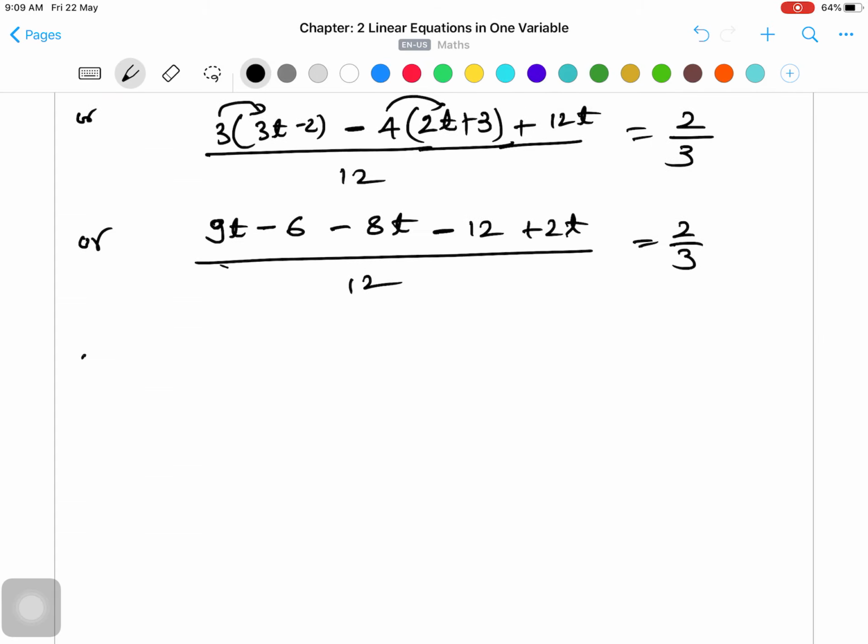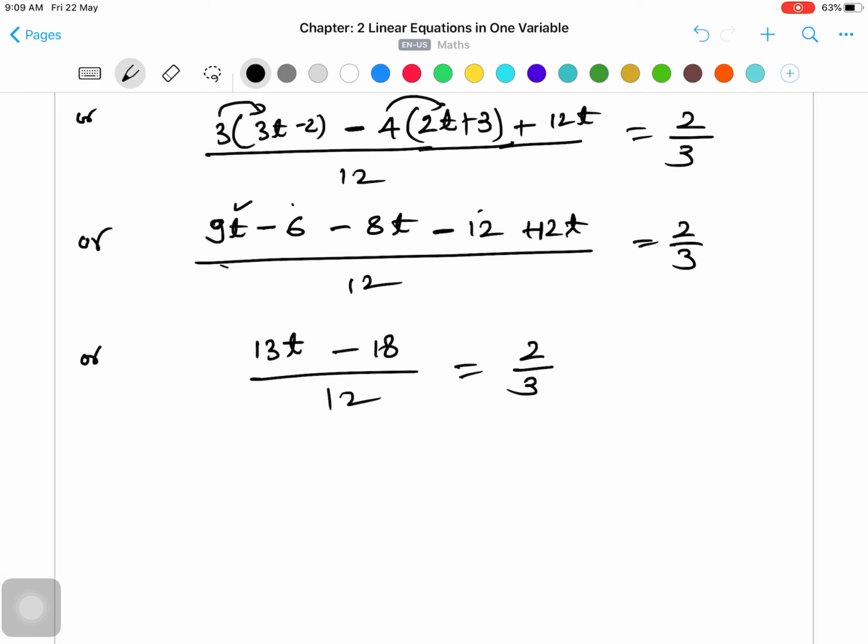Then 9 and plus 12t will be 21t. 21t minus 8t is 13t. Minus 12 and minus 6 will be minus 18 by 12 equals 2 by 3.